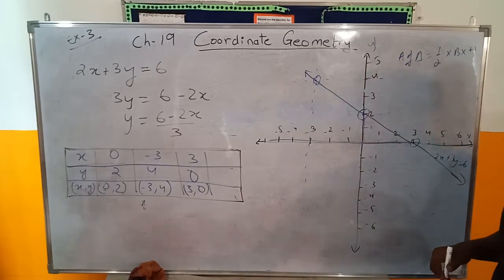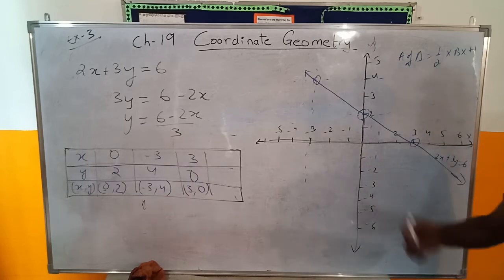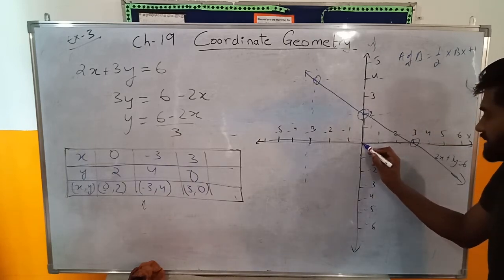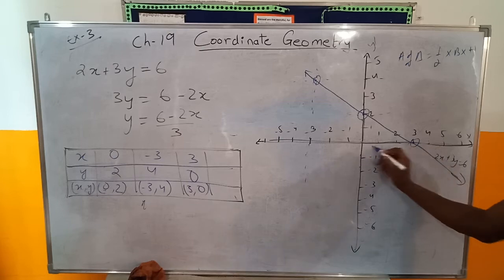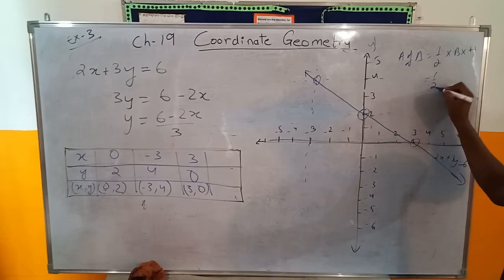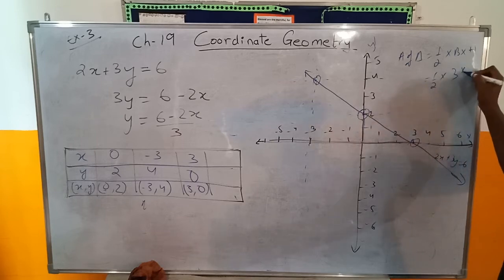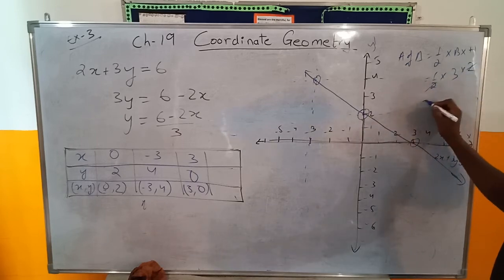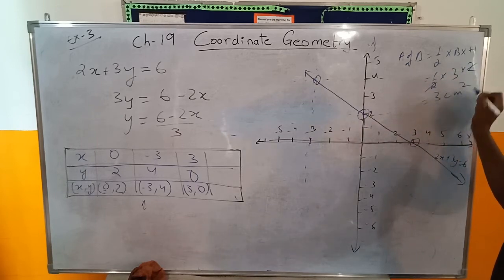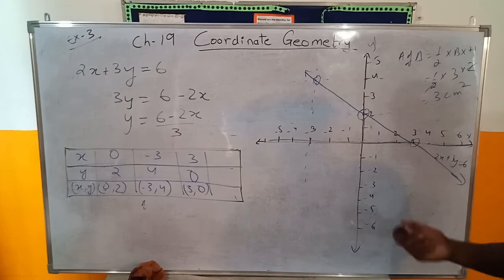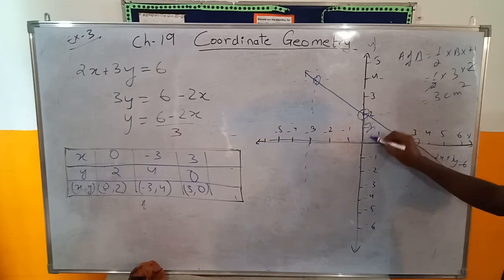You guys already know the formula. Now the base is from 0 to 3, so what is the length of the base? 3. What is the height? 2. Half into 3 into 2, so what's my answer? 3 centimeters square.